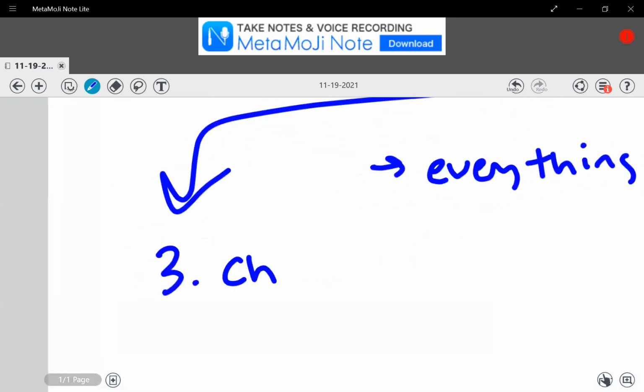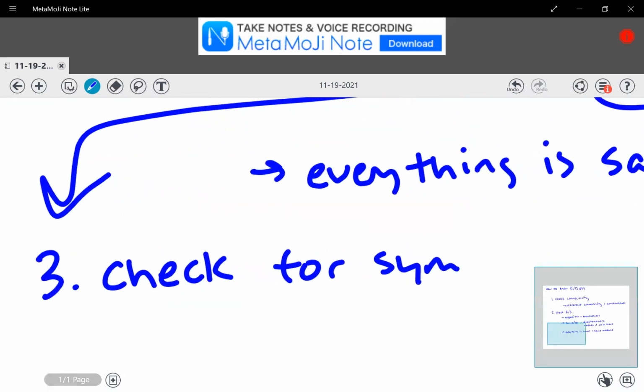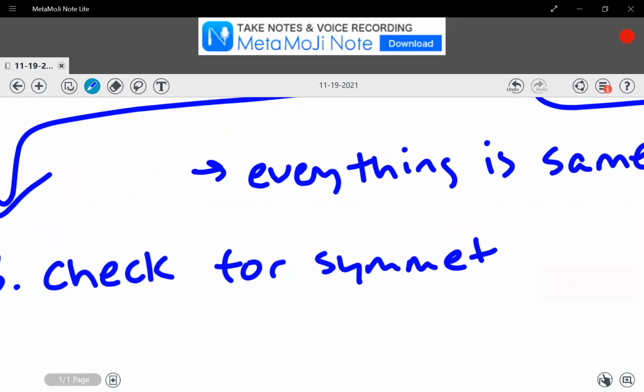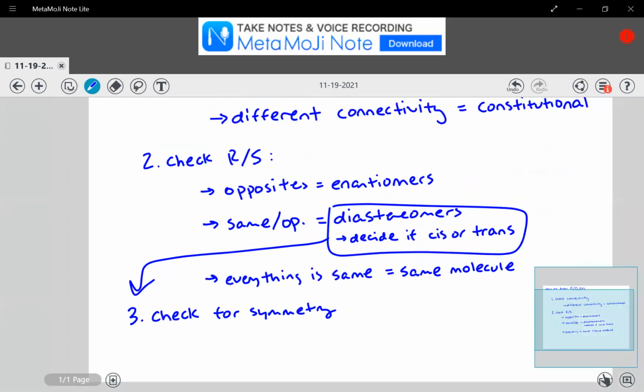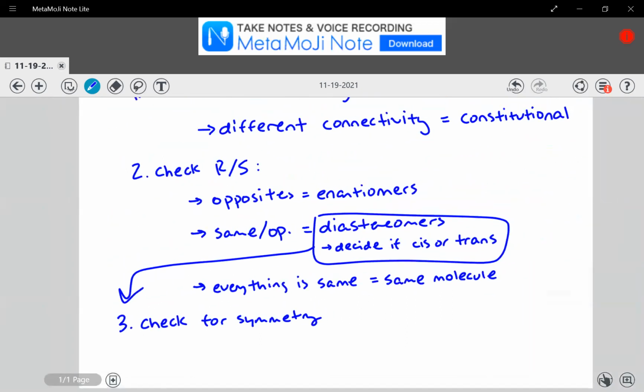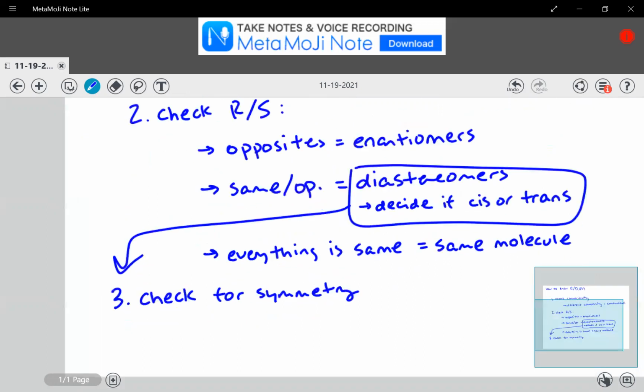In step 3, we just check for symmetry. Why? Well, we know that diastereomers are non-chiral, so we already got past that requirement. Now we just need to check for symmetry.